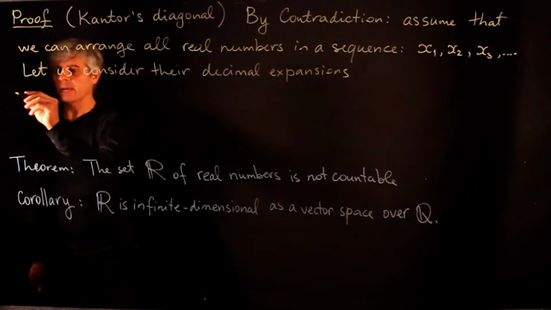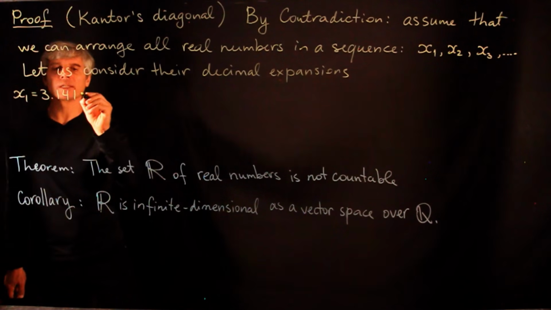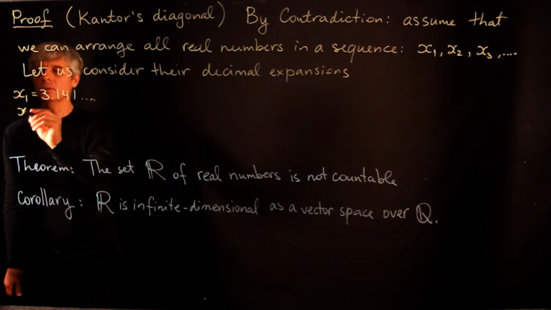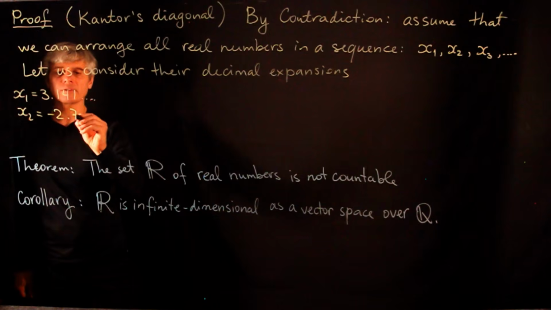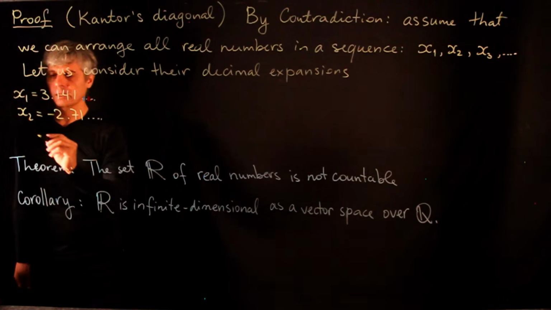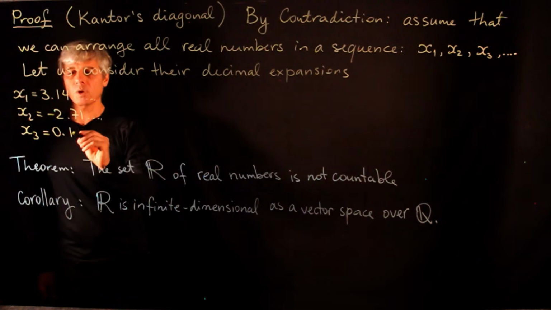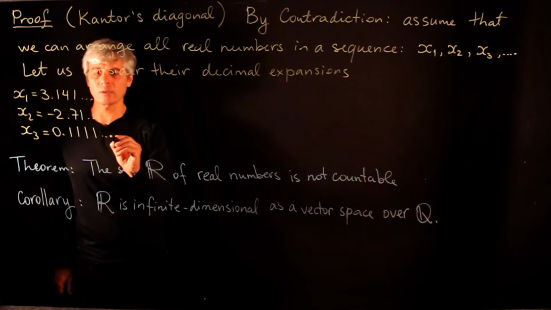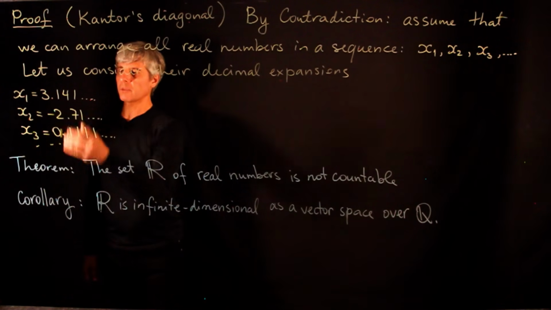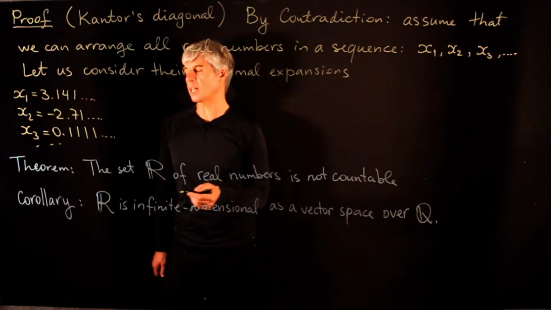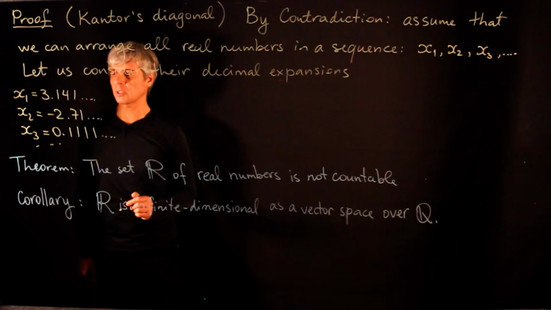So for example, say x1 is equal to 3.141..., x2 is minus 2.71..., x3 is 0.1111... So we consider this sequence that supposedly lists all real numbers, and we look at their decimal expansions.